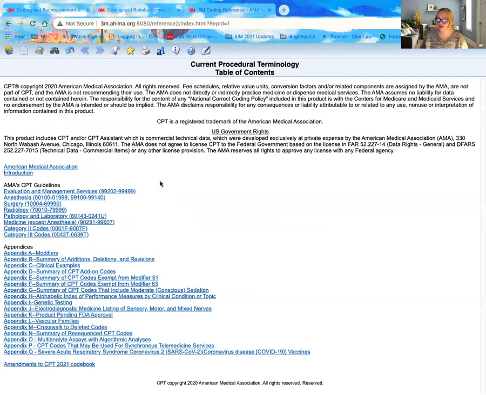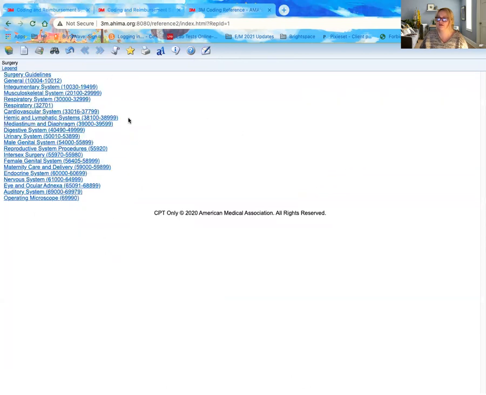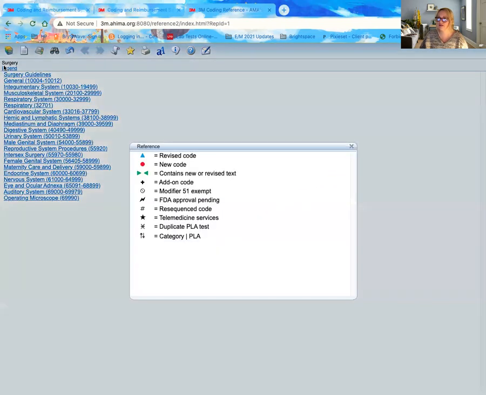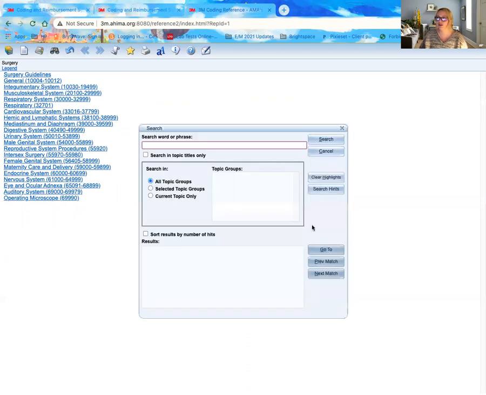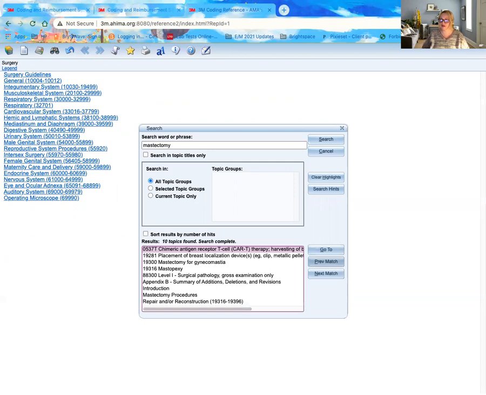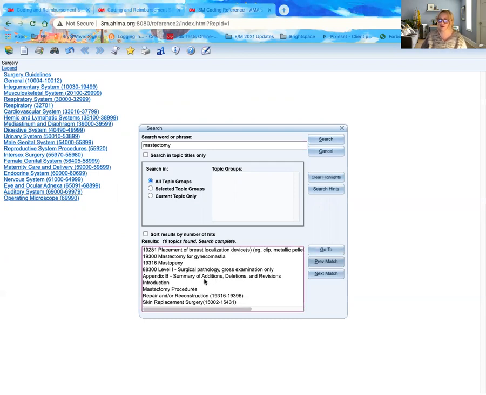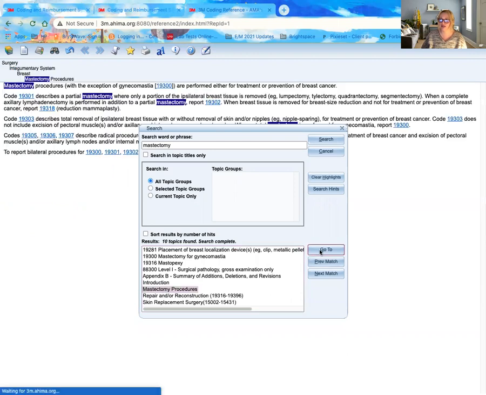I should also be able to come in here under surgery. I can see a legend, so it's not going to let me skip ahead. So I would actually have to find it. However, I can search for certain phrases such as mastectomies, which will give me a list of all the mastectomy terms, and I can see mastectomy procedures here.